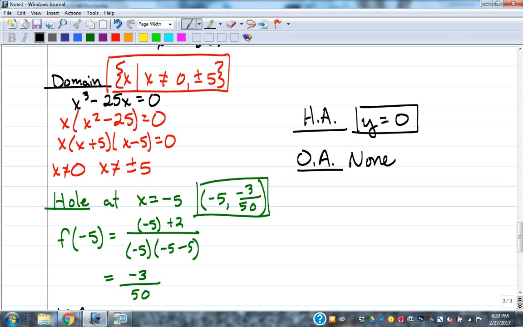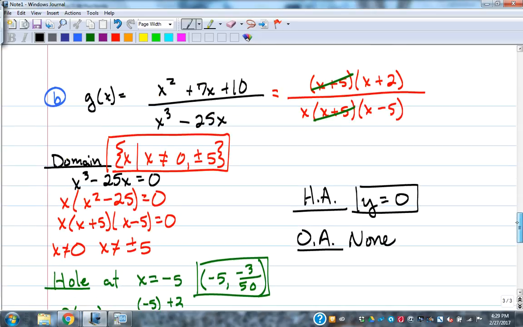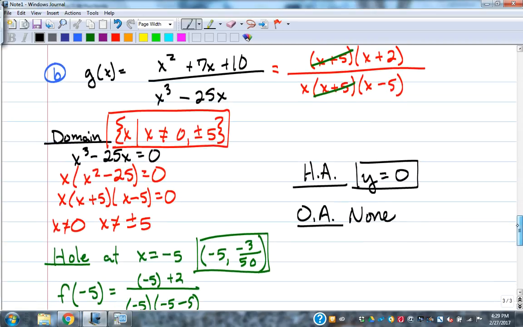All right. Next thing we want to decide is, does it cross y equals 0? So take the simplified version if you want to. X plus 2 over x times x minus 5. Set it equal to 0.